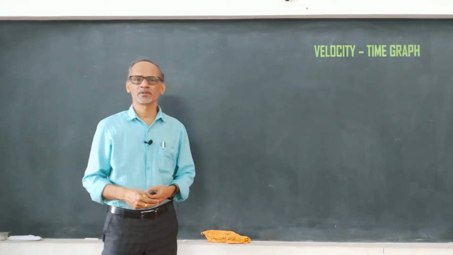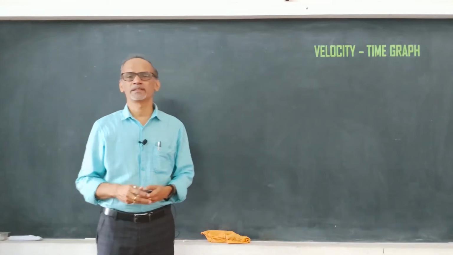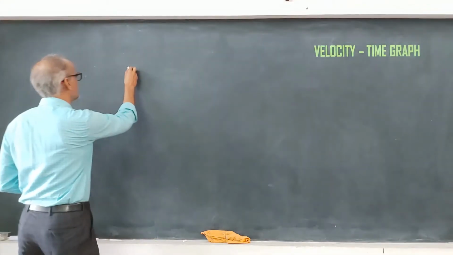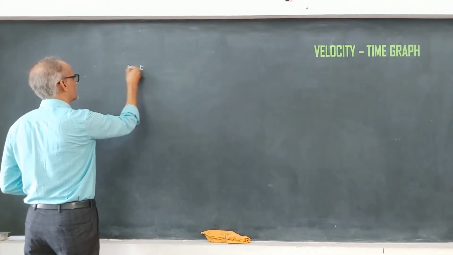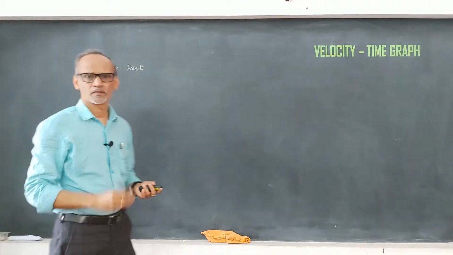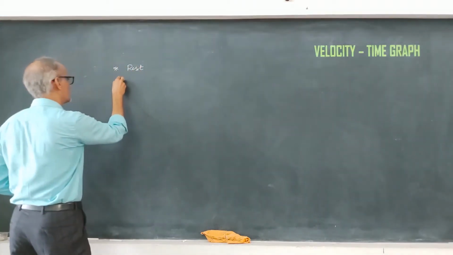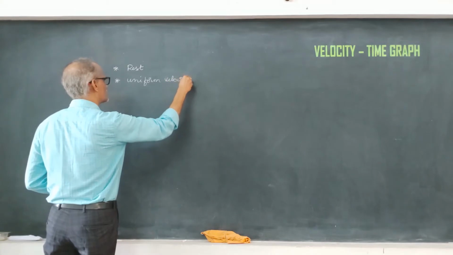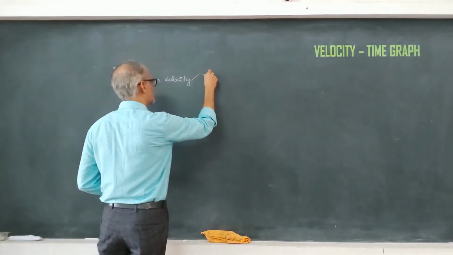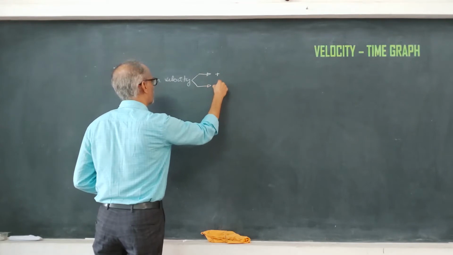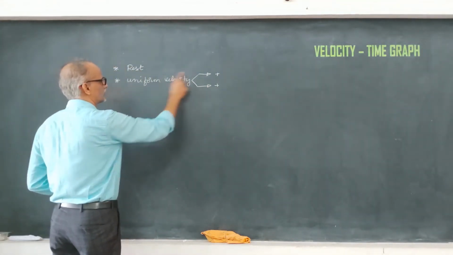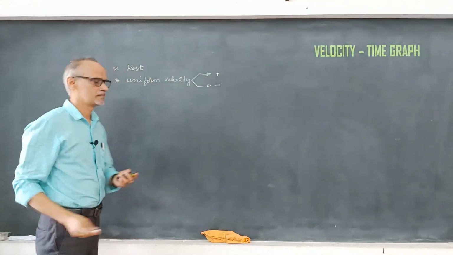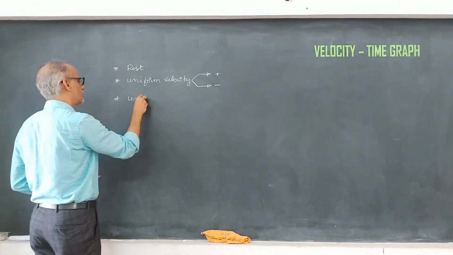Depending on the nature of motion of the body, we get different shapes of the graph. Now, what do you mean by nature of motion? Nature of motion includes whether the body is at rest or in motion. If it is in motion, then whether it is a uniform velocity or not. Under uniform velocity, there are two: one, positive uniform velocity, the other is negative.